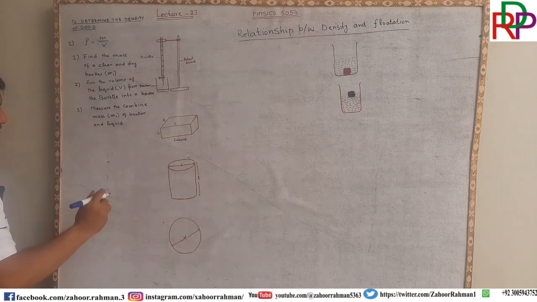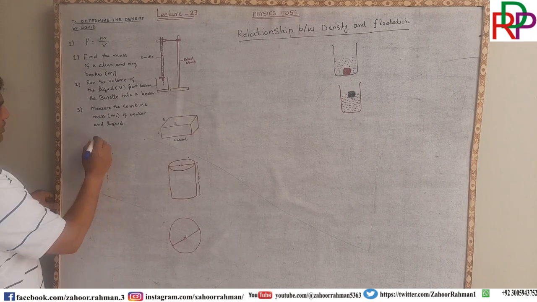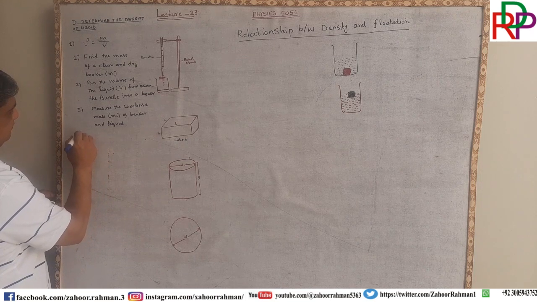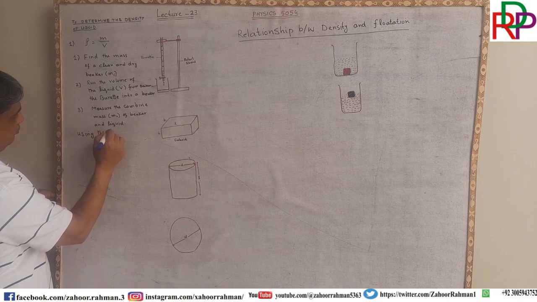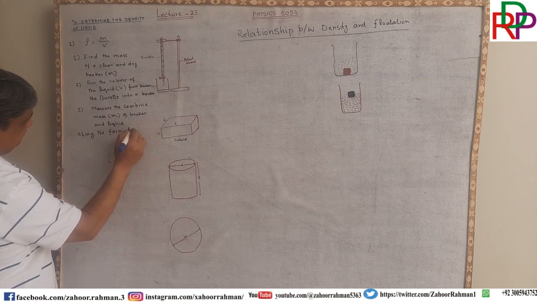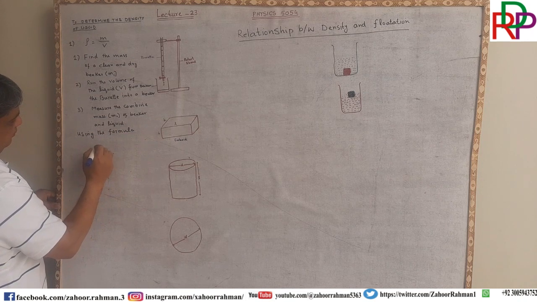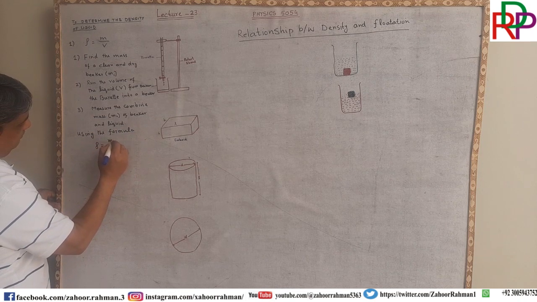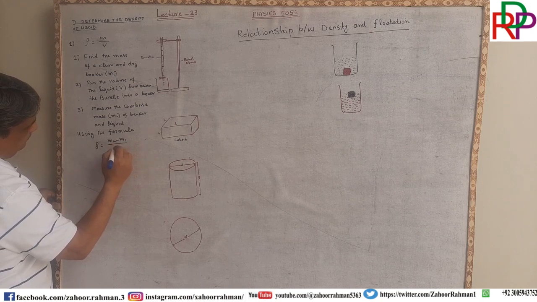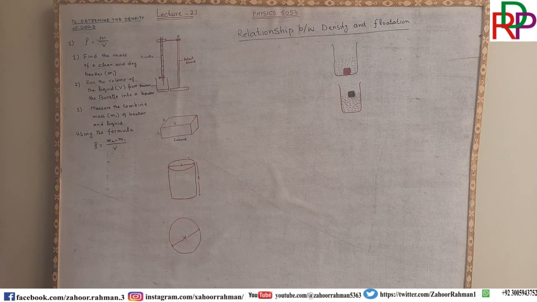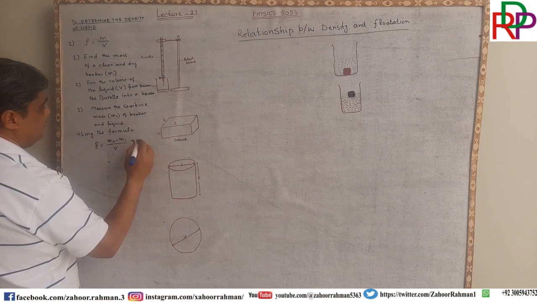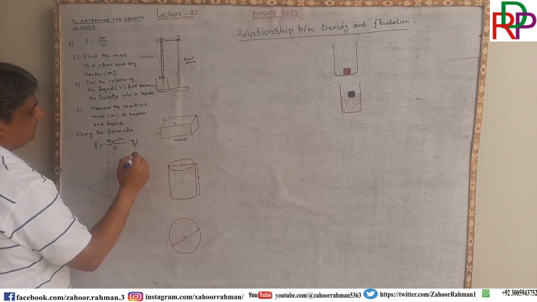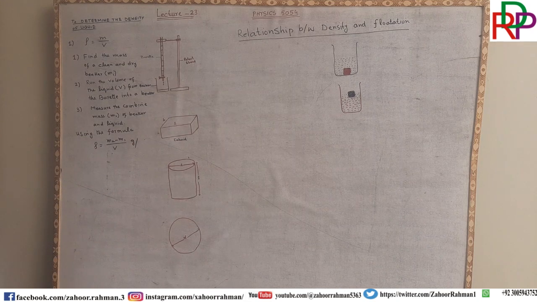You have to take these, and then using the formula, rho is equal to M2 minus M1 divided by V. If you are taking it in grams, so gram per centimeter cube.